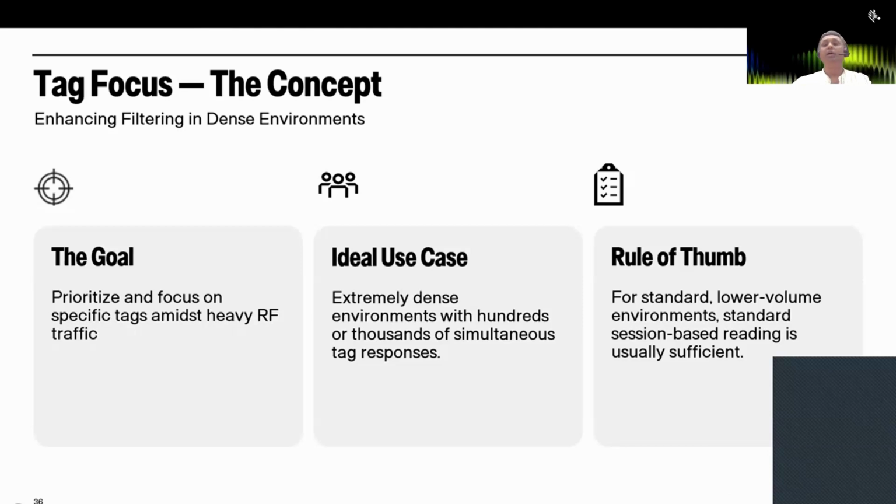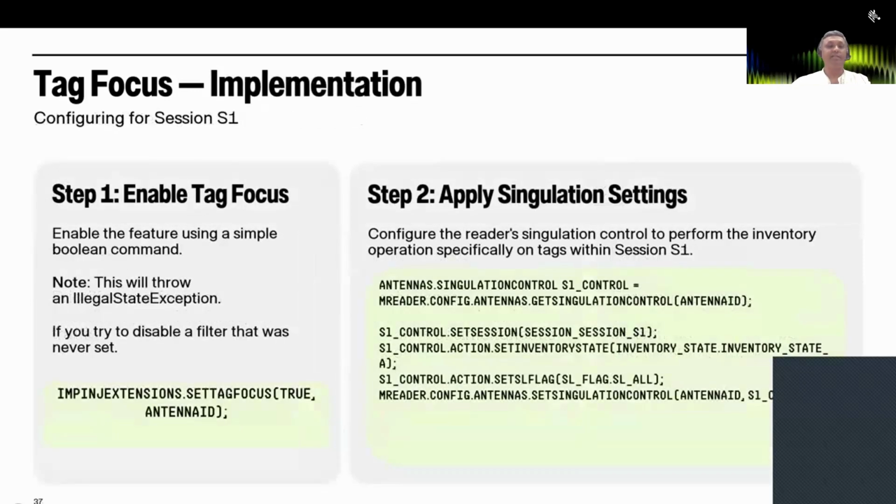Please make a note that if you can achieve your use case using the earlier configurations, I think you should continue with that. But only when you have operational challenges to achieve the unique tag readings, that's when Zebra offers the tag focus configurations, right?